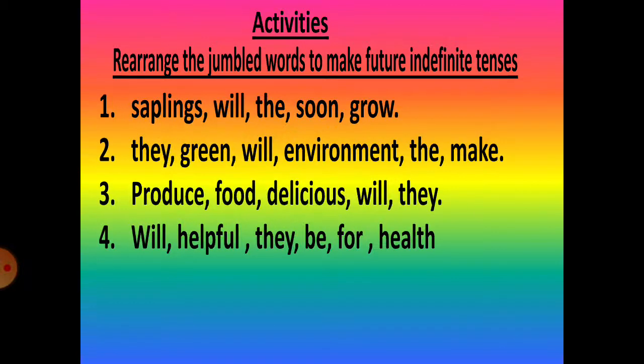Now you have to rearrange the jumbled words to make future indefinite sentences. Here is the hint. You just have to find out the subject, then the will and verb 1 or will be. Okay, dear students, try to do it in your exercise book. Saplings will soon grow.